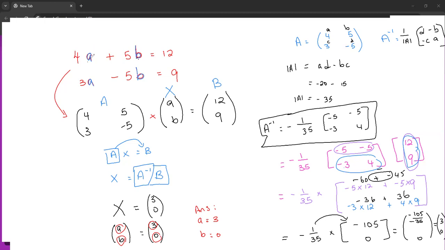Then your variables will go, whichever one is first would go on top, whichever one is the second will go below, and then your solution. So you have that AX is equal to B. I want to get X alone, so you carry across the matrix A. So when you carry it across, it becomes A inverse.